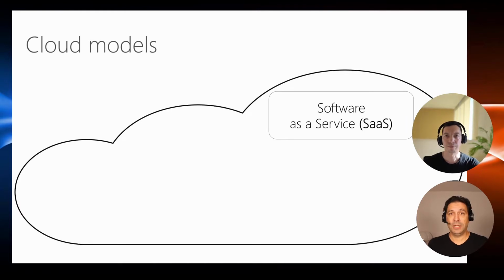So you're basically just a consumer of the software as a service solution. You pay most of the time a fixed price per user or per device every month, and you are just using and consuming the service that is managed by someone else.